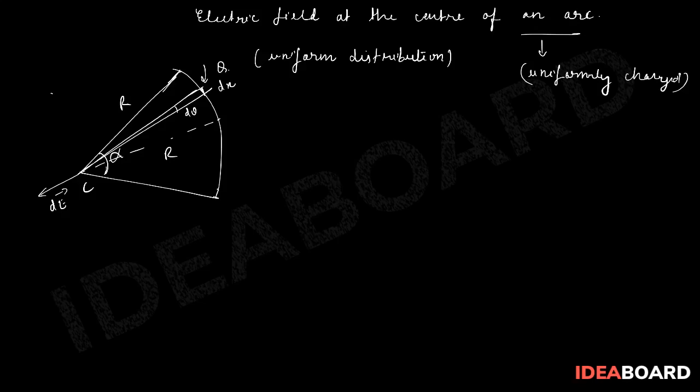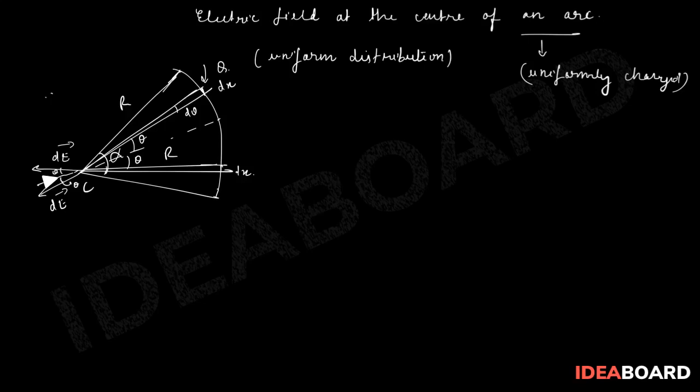And simultaneously, if I am taking the similar element here at same angle, this theta, in the opposite direction, the same element dx, then it will be having this electric field vector dE. So suppose that if I assume this as theta, then this will also be theta.